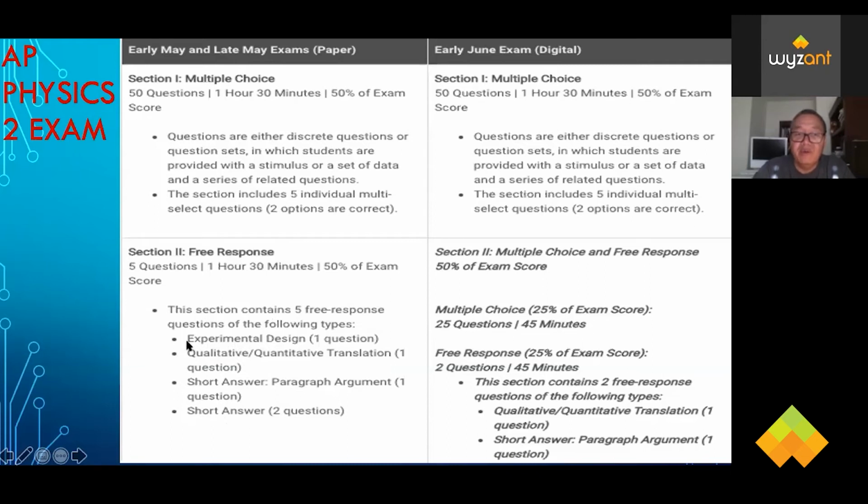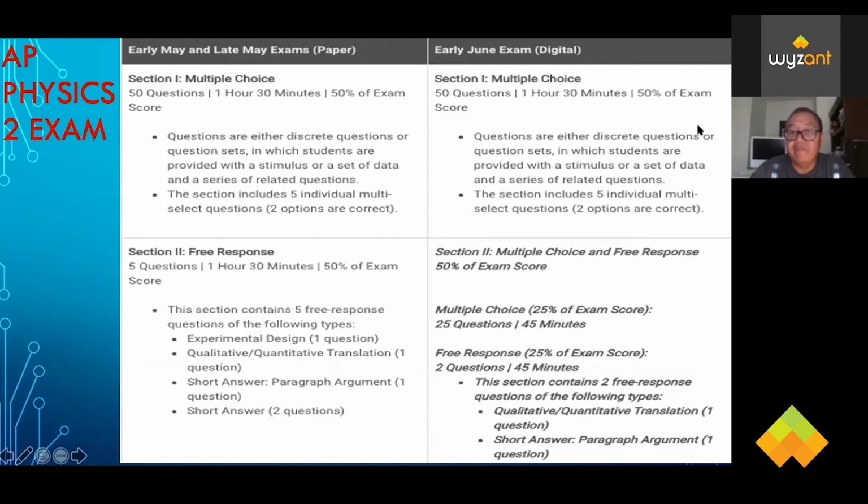Totally, we have 4 types of questions in this section. Experimental design, that's one question. Qualitative or quantitative translation, that's one question. Short answer, paragraph argument, that's one question. And short answer, that's 2 questions. This is for the paper test.